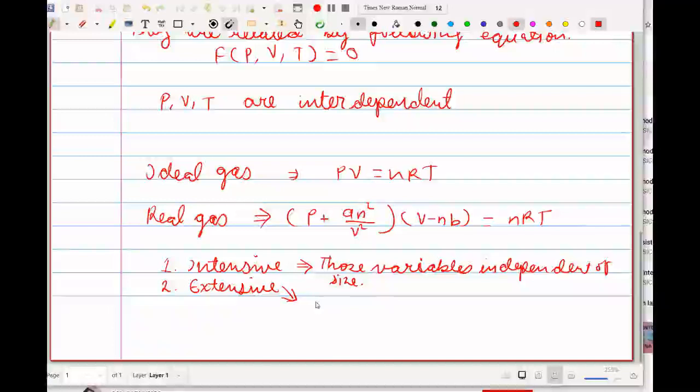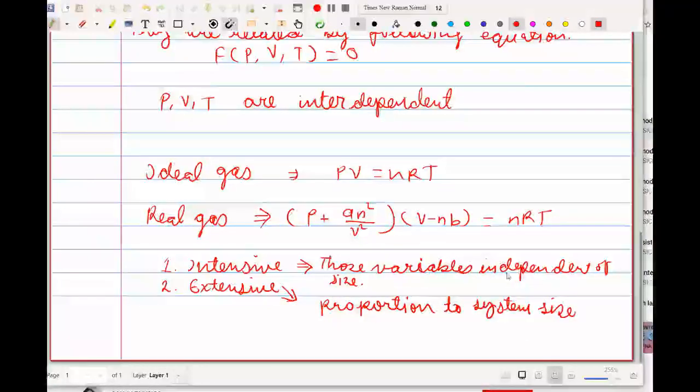So we can divide the thermodynamic variables or state variables into two parts, intensive and extensive: intensive is independent of size, and extensive is proportional to size.